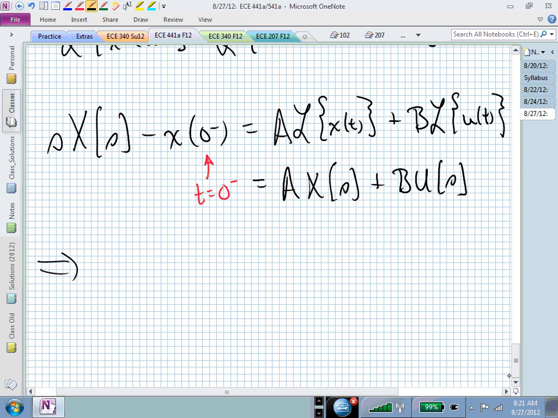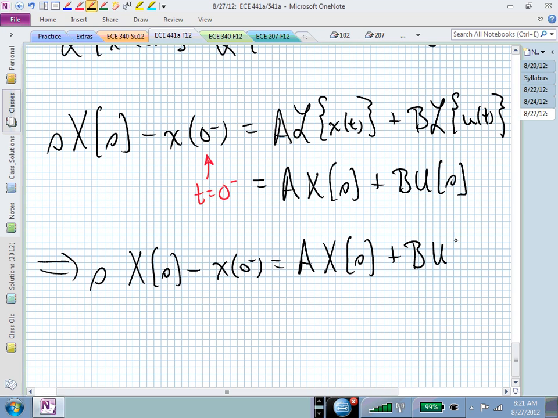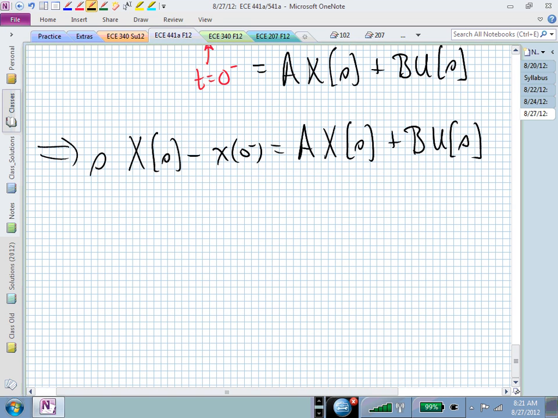If I rewrite that, then I have sX(s) minus x(0) equal AX(s) plus BU(s). And what I want is really the input-output behavior, since I'm looking for the transfer function, and x is an internal variable.